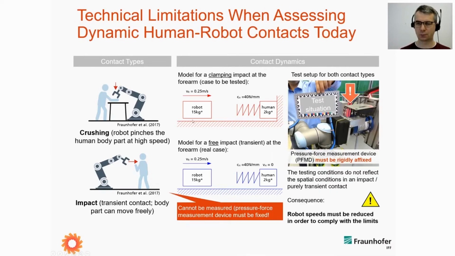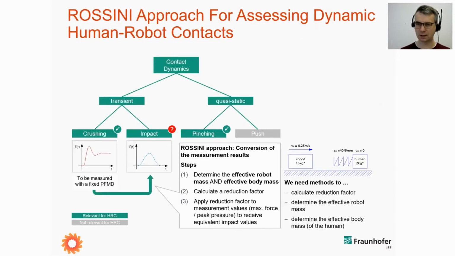We will receive a lower speed than we could have when we have a real transient case. So the speeds are artificially reduced because we cannot measure it. Good, this is the current state.